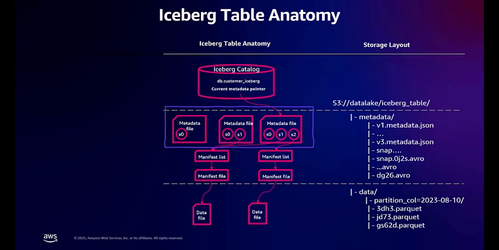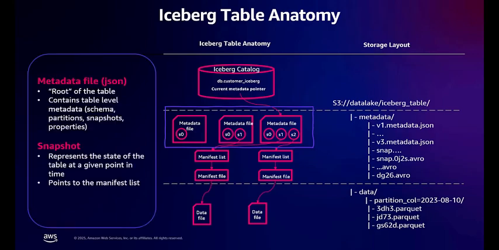A snapshot represents the state of a table at some time, and it is used to access the table's data files. So the concept is it has a metadata file, which is a JSON format file and contains all the table-level metadata like schema, partitioning, snapshots, and properties. And a snapshot represents the state of the table at a given point in time, and it points to the manifest list.